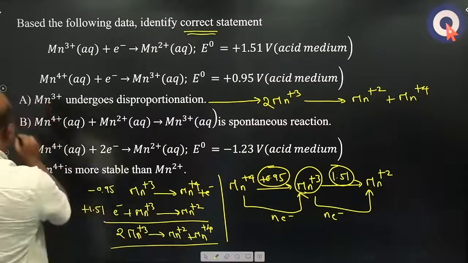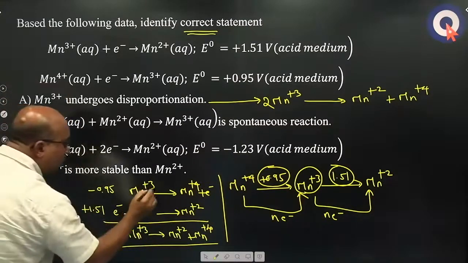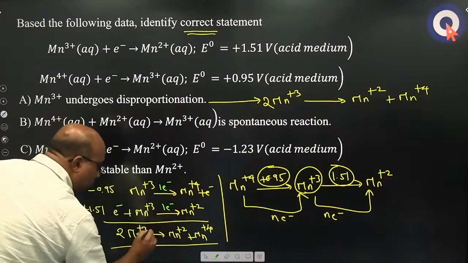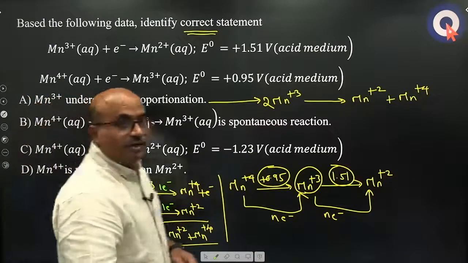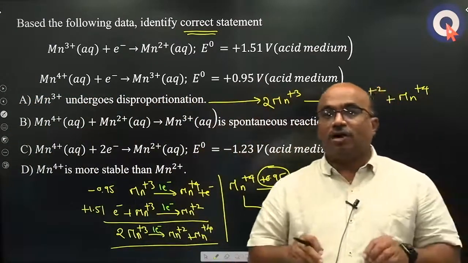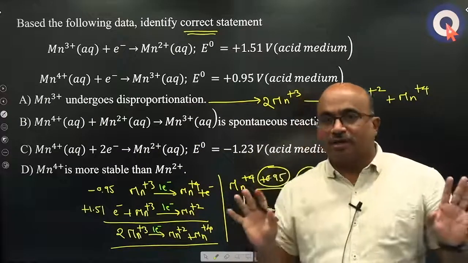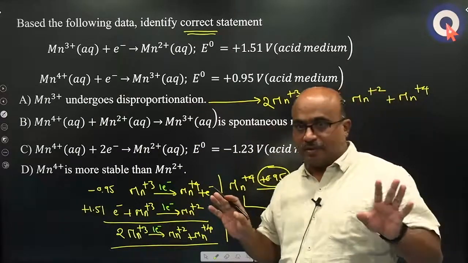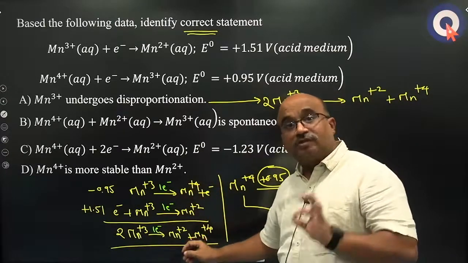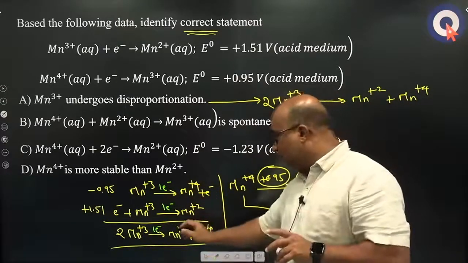Only 1 electron here, 1 electron here, and 1 electron here, because the net reaction is obtained. The total number of electrons in any one of the reactions, the electrons in the reduction or the electrons in the oxidation, is the net number of electrons in the cell. So this is again 1.